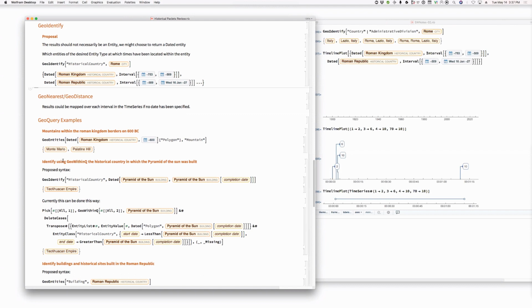Okay, identify the historical country in which the Pyramid of the Sun was built. Okay. So when it was finished, geo-identify.